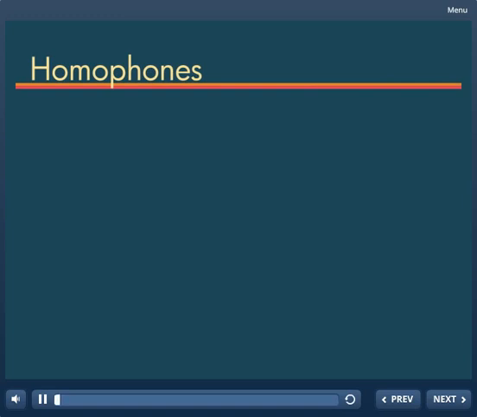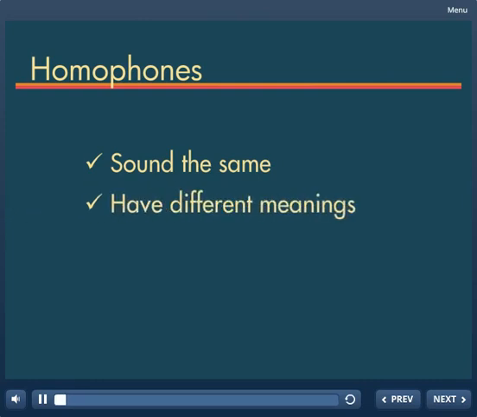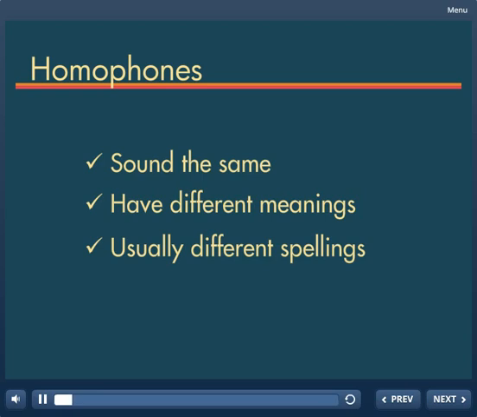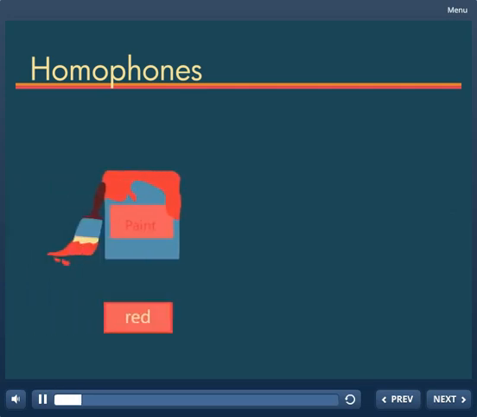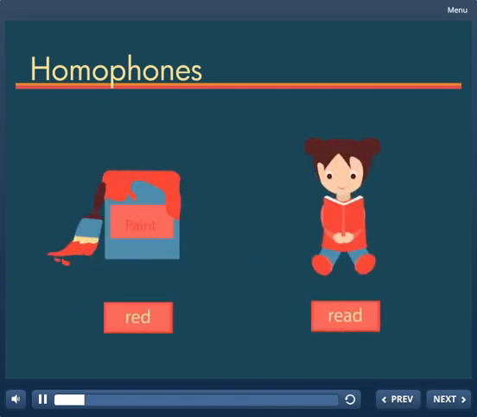Sometimes sets of words sound the same, but they don't have the same meaning or the same spelling. For example, red and read. These words are called homophones.